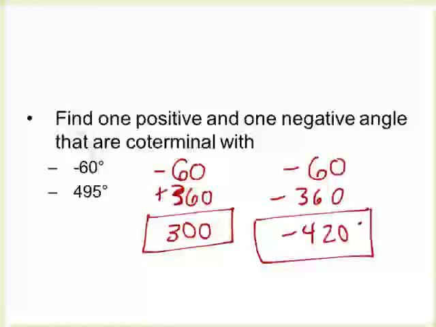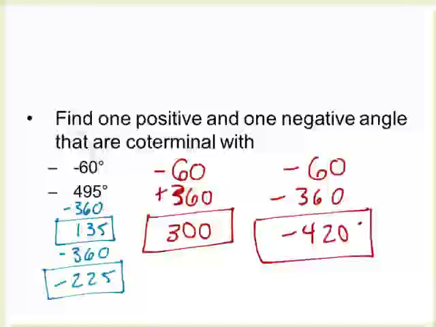So we could begin by adding 360. That would be fine. That would be a completely valid answer. But if I subtract 360, I still get a positive solution. So if I need a negative solution, I need to subtract again, which leaves me at negative 225.